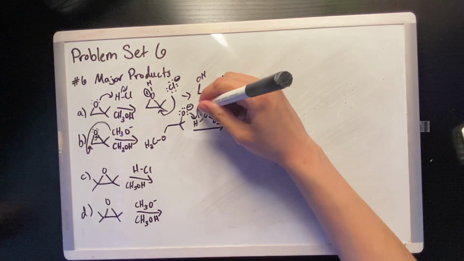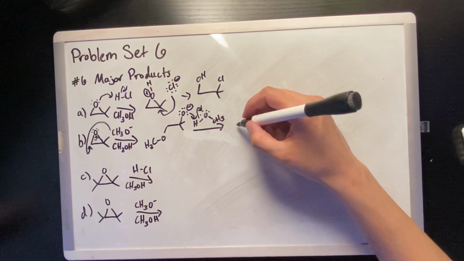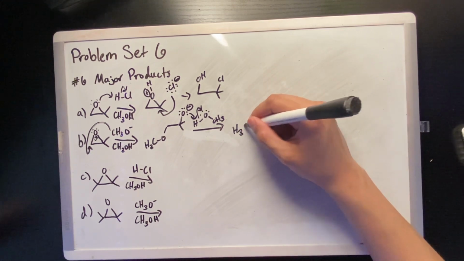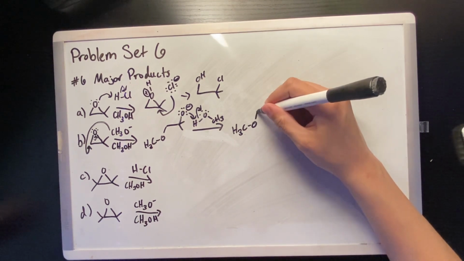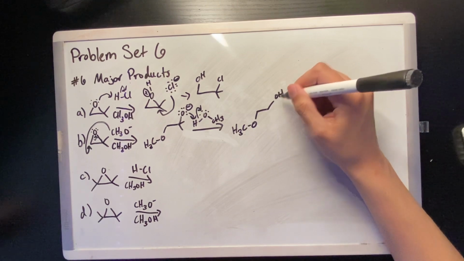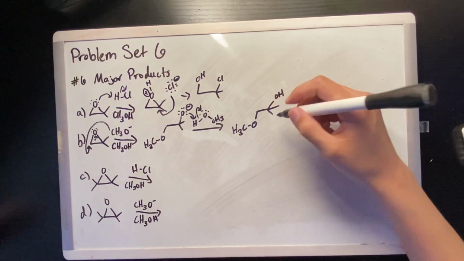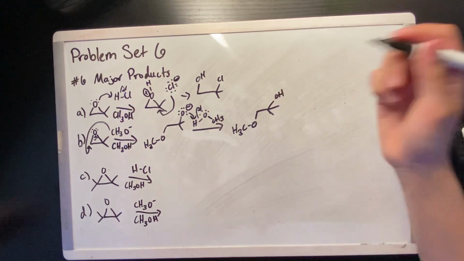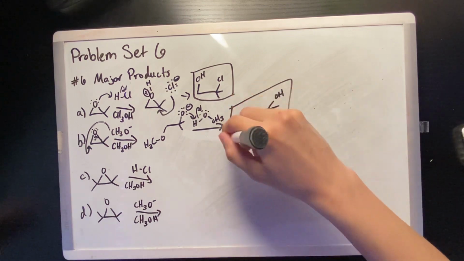That's going to give these electrons back to this oxygen, and what we're going to be left with is our H3CO. And up here we have OH now, methyl and methyl. So this is the major product.